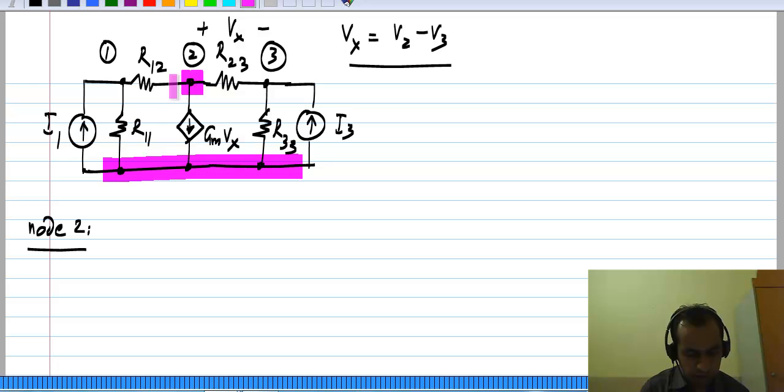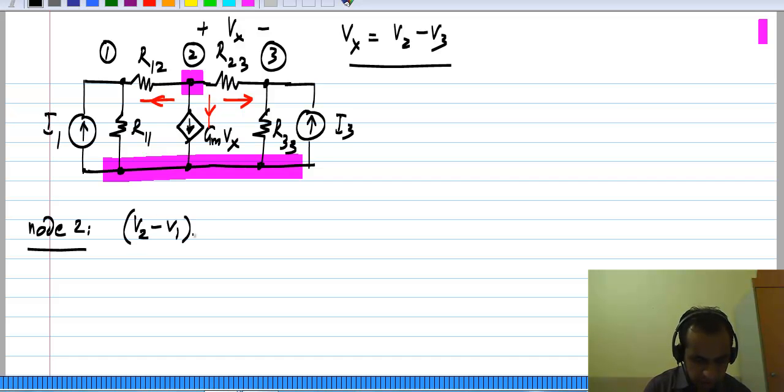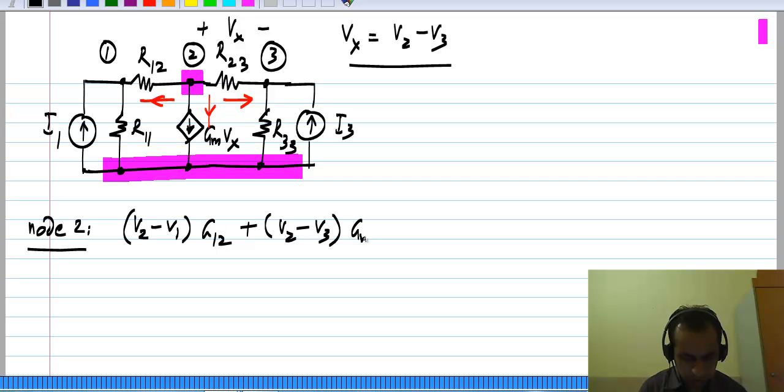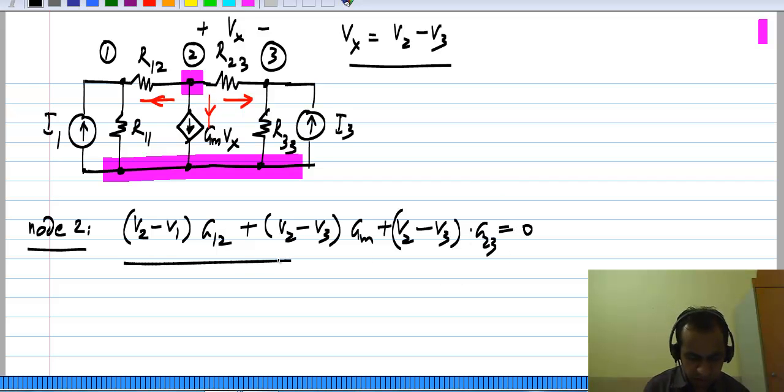The total current flowing out of this, which is the sum of this current, and that current, will be equal to 0, which means that the first one of them is V2 minus V1 times G12, and the current through Gm is basically V2 minus V3 times Gm, and current through this is basically V2 minus V3 times G23, and the whole thing equals 0.